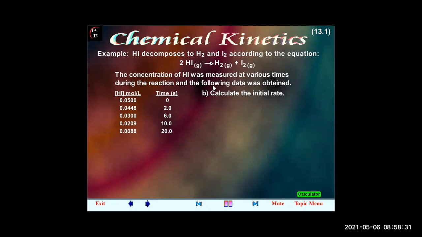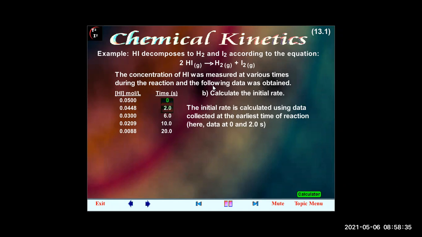B. Calculate the initial rate. The initial rate is calculated using data collected at the earliest time of reaction. Here, data at 0 and 2.0 seconds.